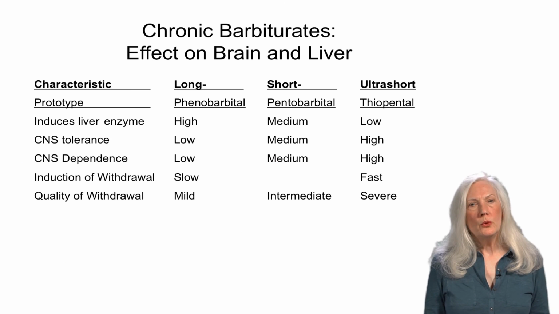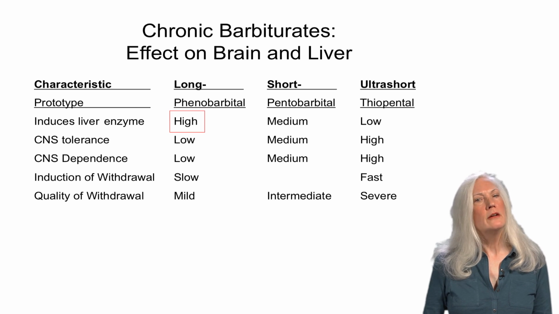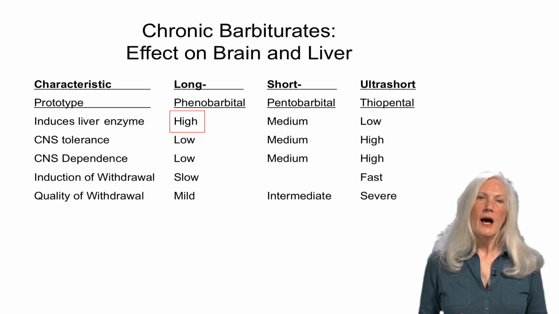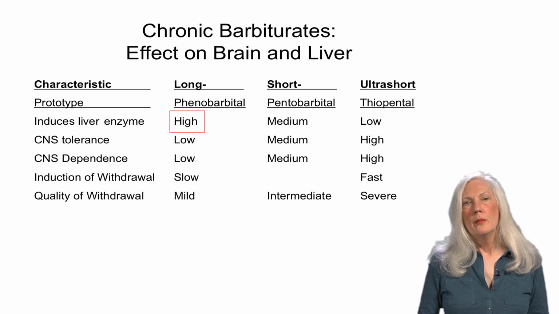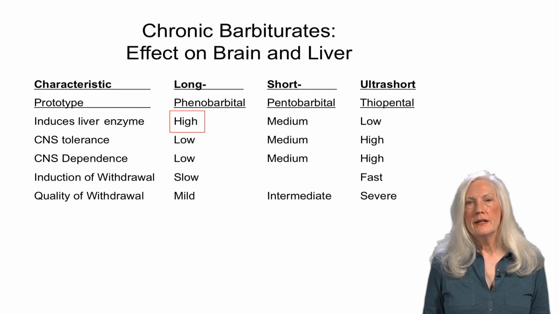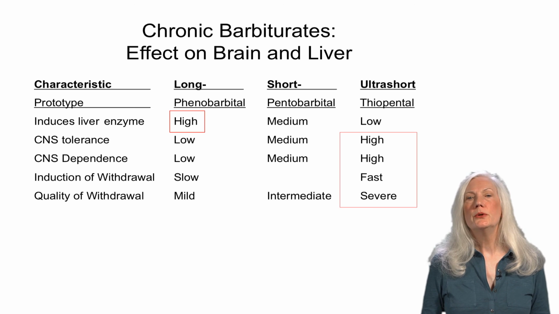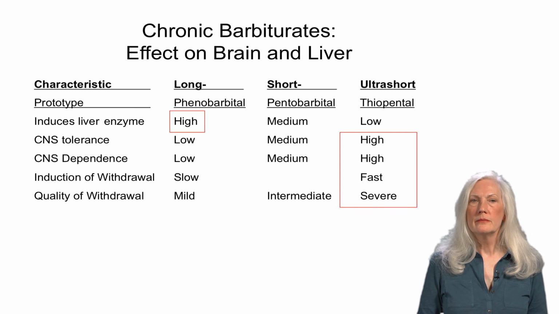As a result, when we compare three specific barbiturates as examples of drugs with differing lipophilicity, we can see that phenobarbital has the highest ability to induce liver enzymes, but thiopental has the highest ability to produce tolerance and dependence.